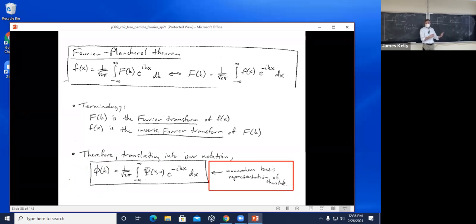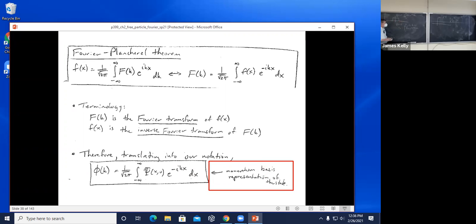If I know what it is as a function of k and p is h bar k, then I know what it is as a function of momentum. People talk about this as the momentum representation of the state. And we're going to shift our thinking more and more as time goes on, in that we've been really attached to functions of x up to now in the course.